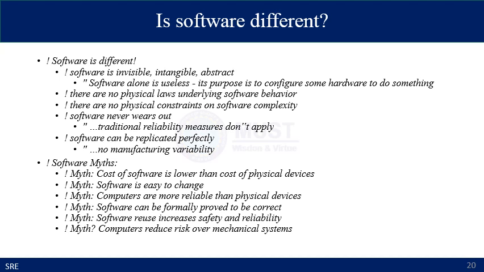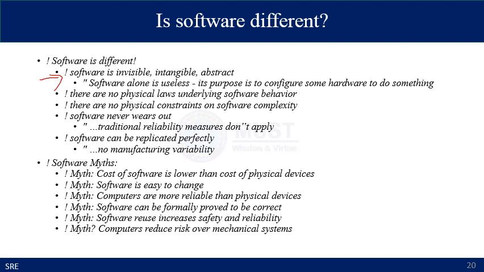So the requirement engineering process is applied to all engineering domains, but it is a little bit different in the software domain, because software is different from other engineering products. Software cannot be seen, it cannot be touched, and it is an abstract product. Software alone is useless.